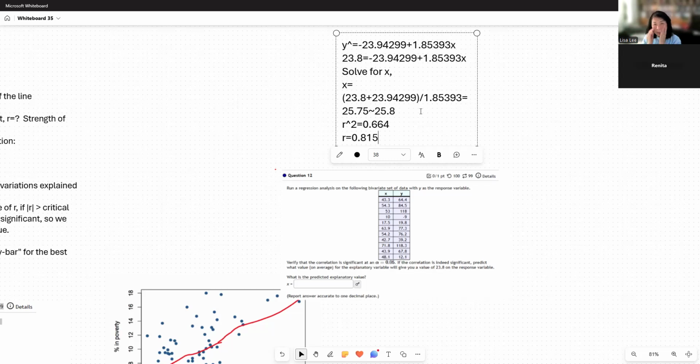R squared shows how good our regression line is. It's about 0.664; we usually change it to a percent, 66.4%. That means 66.4% is explained by our linear regression, the red line. Not too bad, more than 50%.